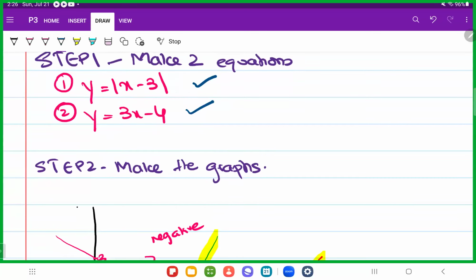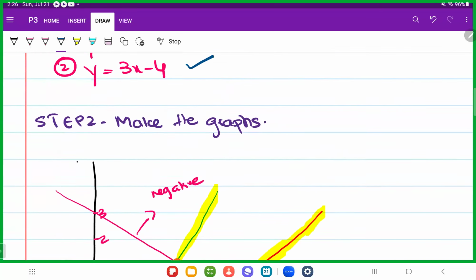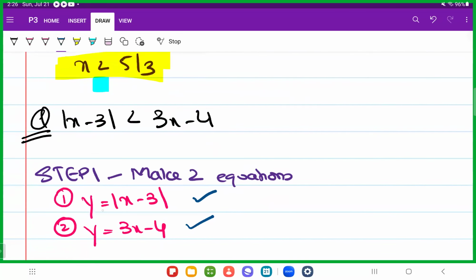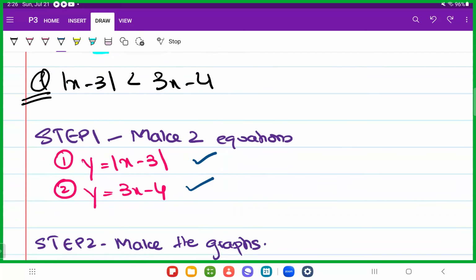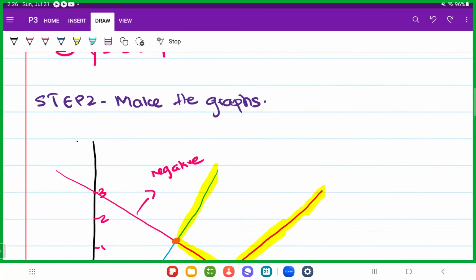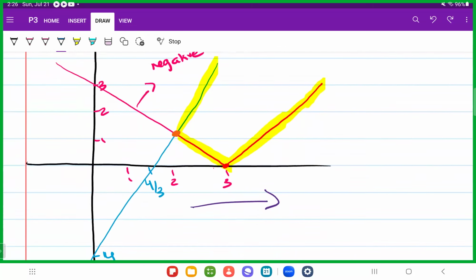So you'll sketch both of the graphs. Now we have already spoken about how to sketch this graph, with the vertex, the intercept, and the shape of the curve. So once you sketch both graphs, you will find a point of intersection.